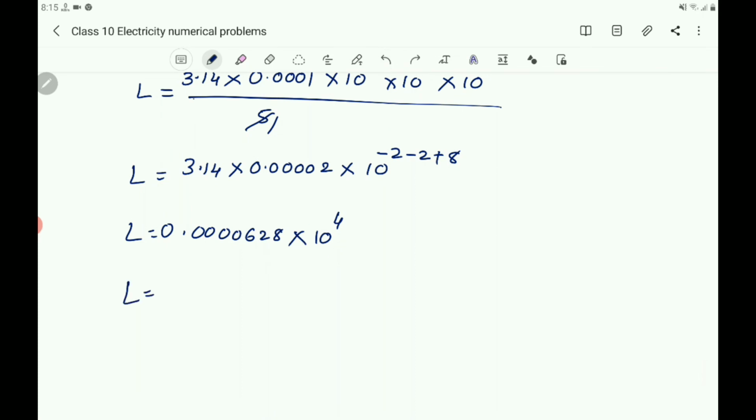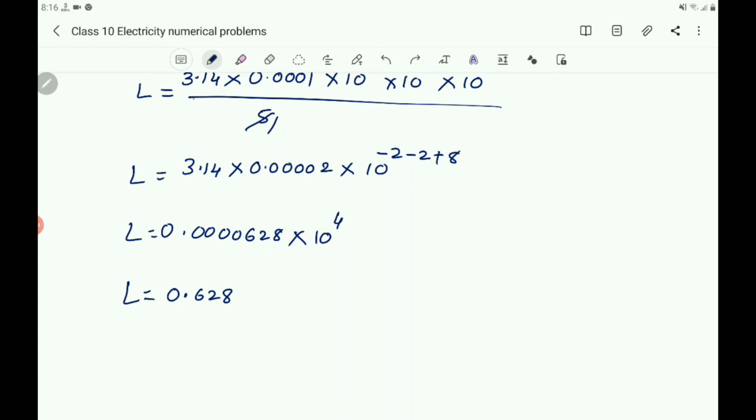You take 1 2 3 4 5 6 7, and these 4 zeros should be shifted to cancel 10 power 4, that becomes 0.628. 10 power 4 means 10,000.